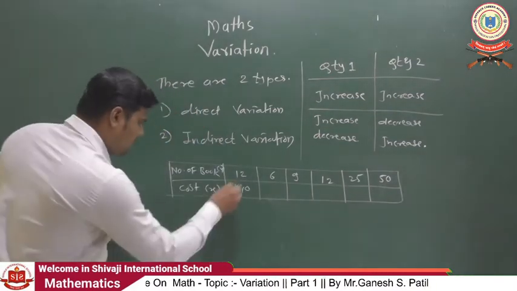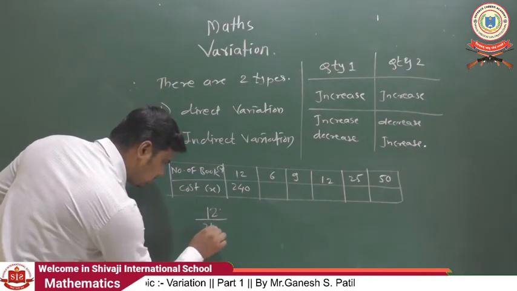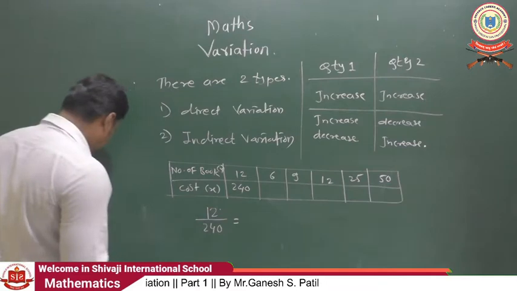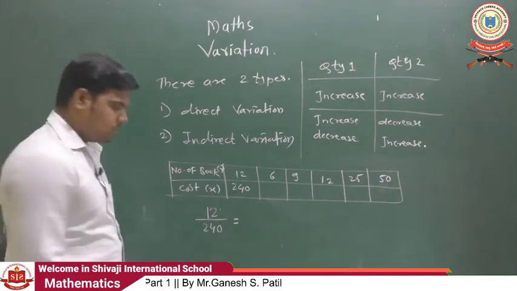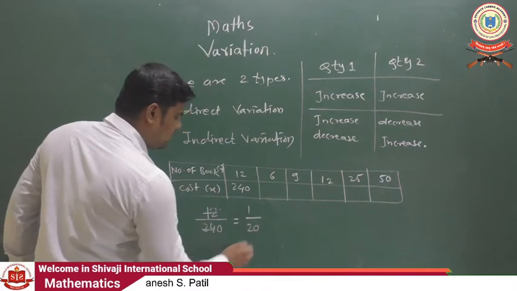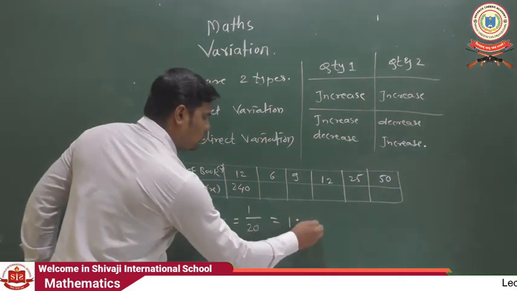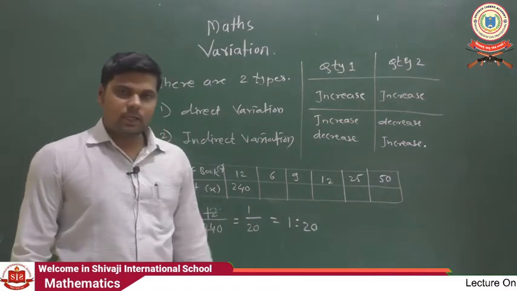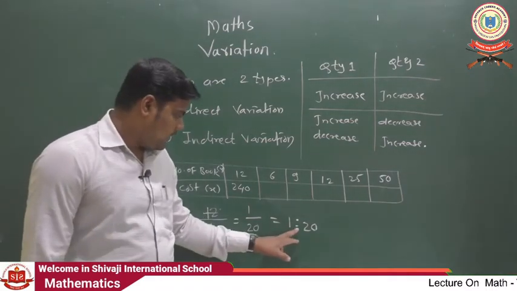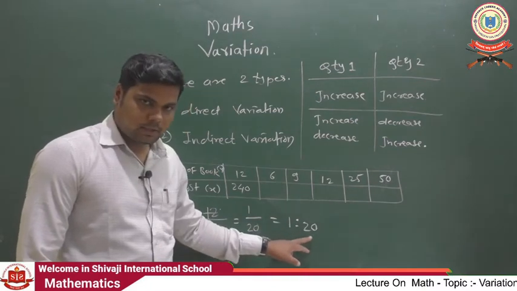See, the first is, suppose 12 books, their cost is 240 rupees. Means 12 ones are 12 and here 12 twos are 24 and 0. Means 1 is to 20. This ratio is very important. Here 1 is to 20. Means one book has its cost as 20.